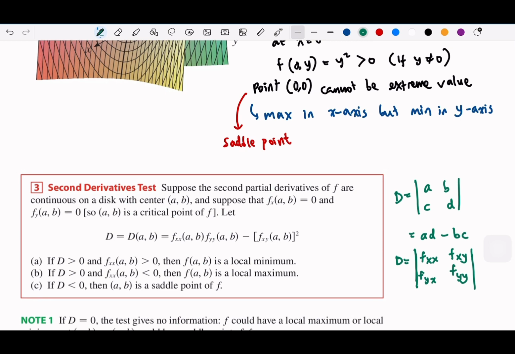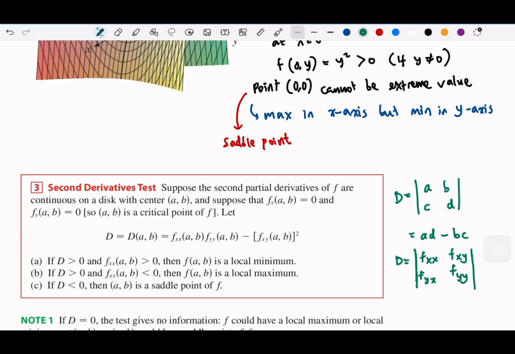So when D is negative, it is a saddle point. If it is positive, it can be a minimum or maximum. But because it doesn't mention it here, what if D equals 0?